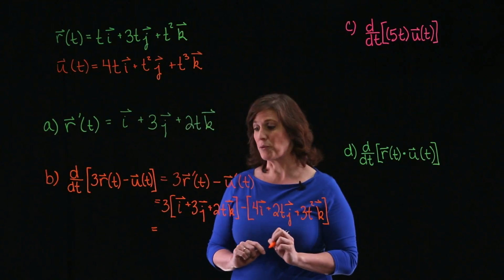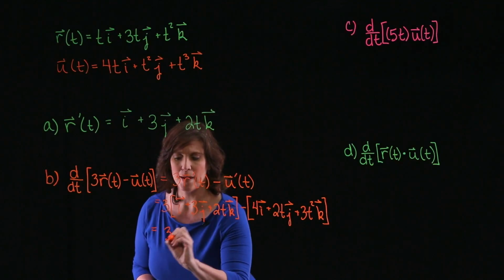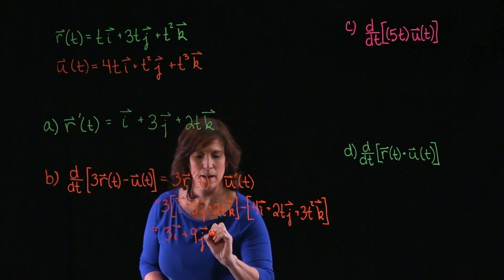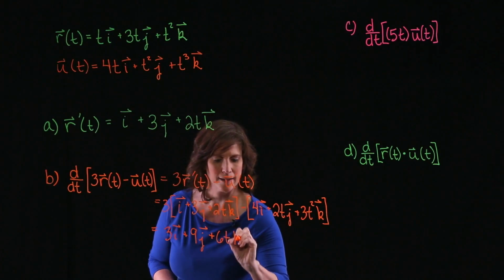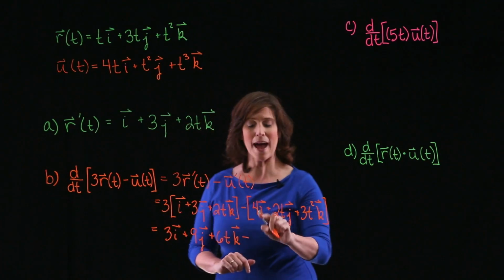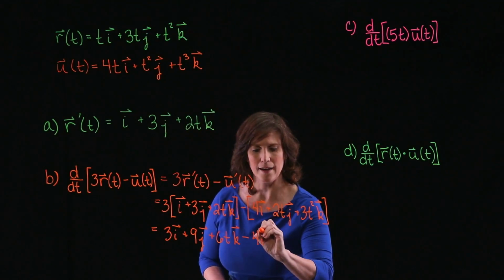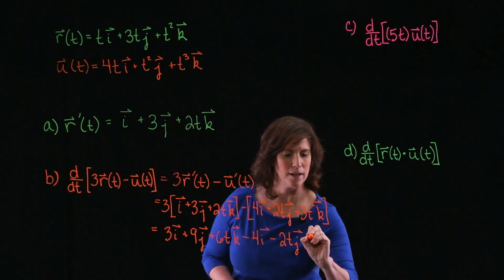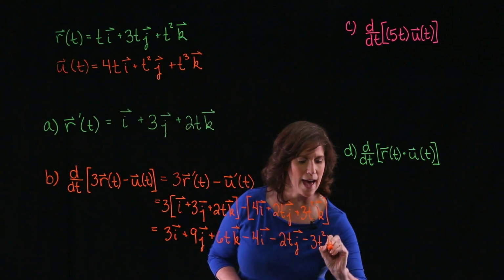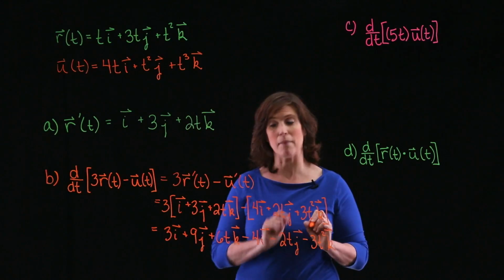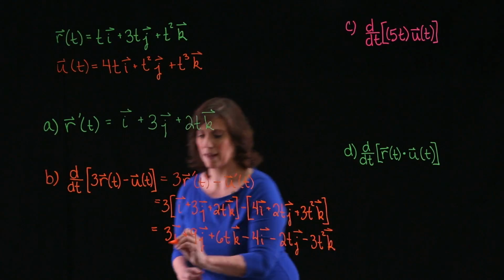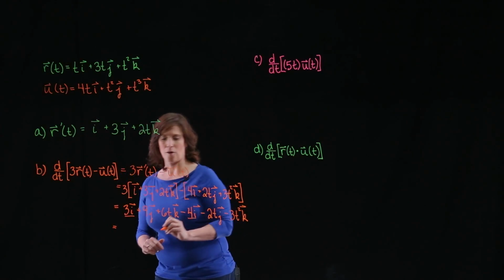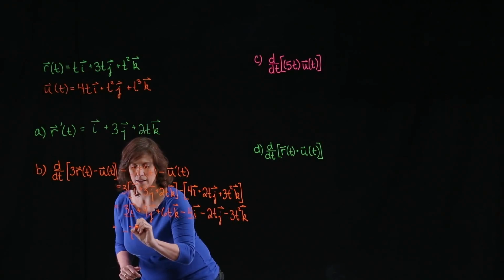Now I'm going to distribute that 3. And so I have 3i plus 9j plus 6tk. And I'll be subtracting the 4i, 2tj and 3t squared k. I simply distributed that minus sign. And now I can combine my like terms. I have a 3i and a minus 4i, so that's negative i.